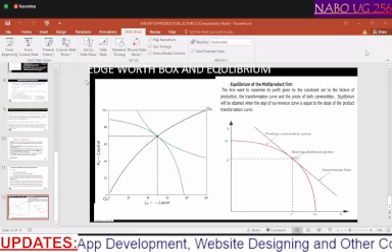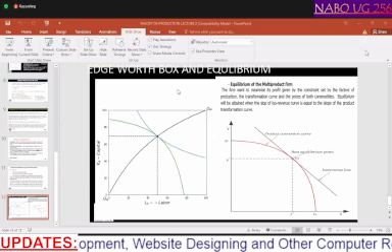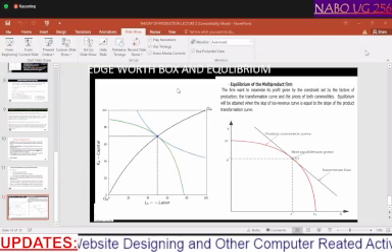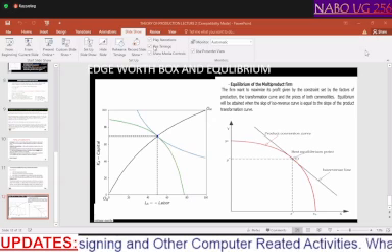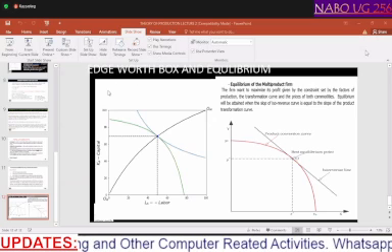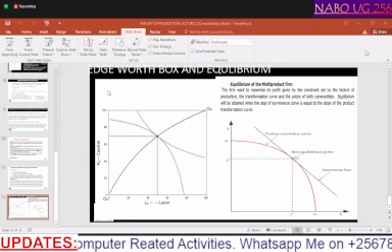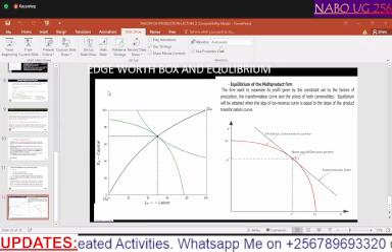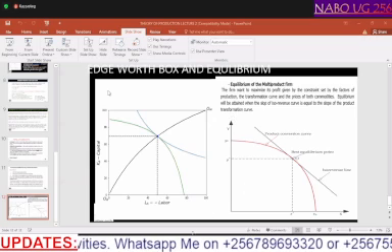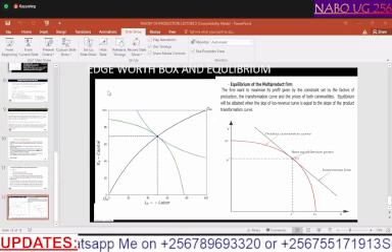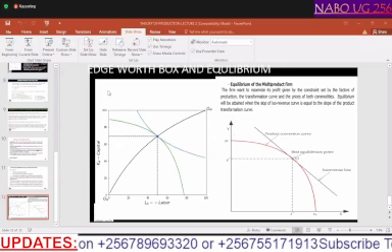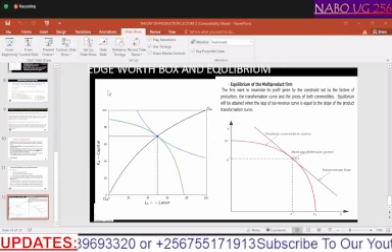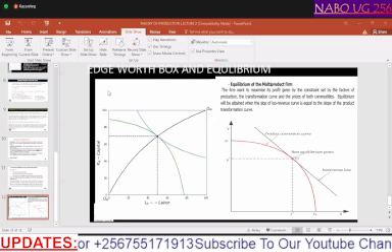Excuse me, sir. Yes. What does the iso-revenue line show? Iso-revenue line. It shows you the maximum amount of revenue you can get from selling the two products. Am I clear? Yes.